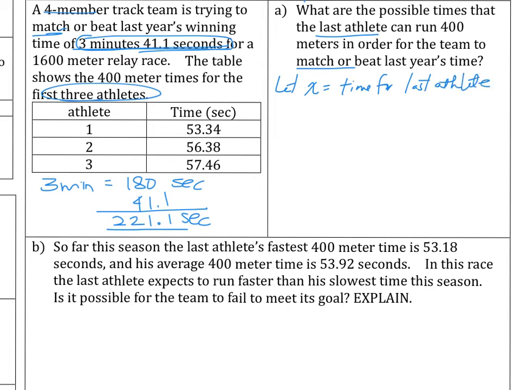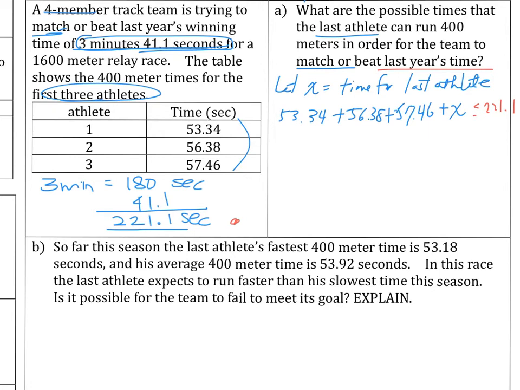And then I need to take the sum of the first 3 athletes, 53.34 plus 56.38 plus 57.46. And I need to add it to x. And then let this be less than or equal to 221.1 because you want to beat last year's time.